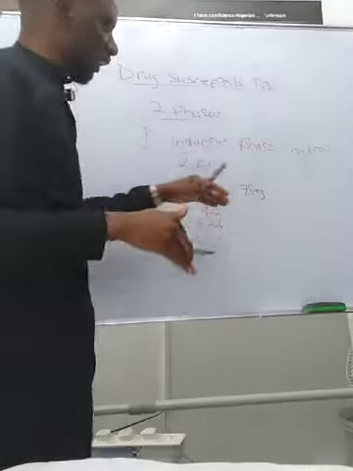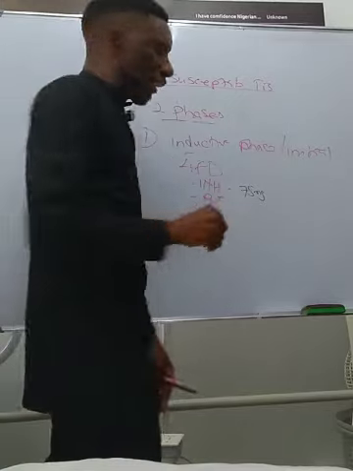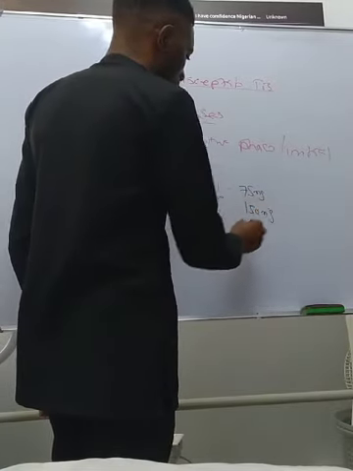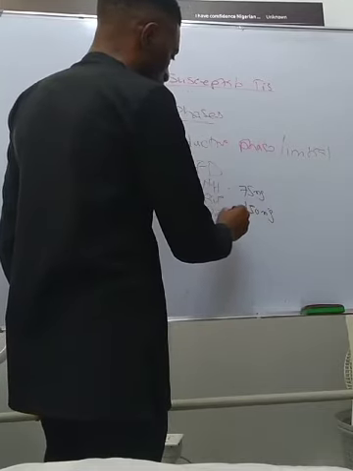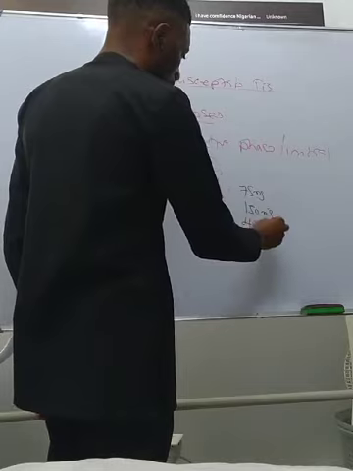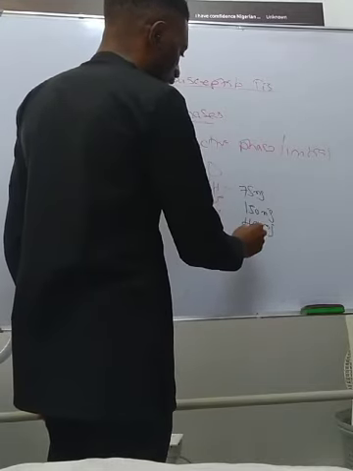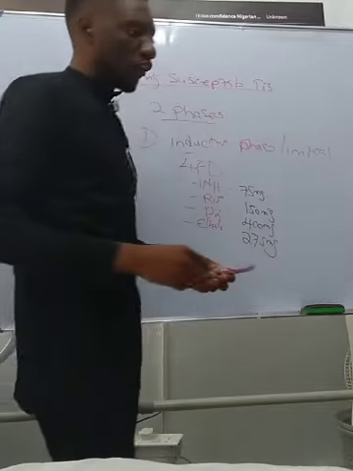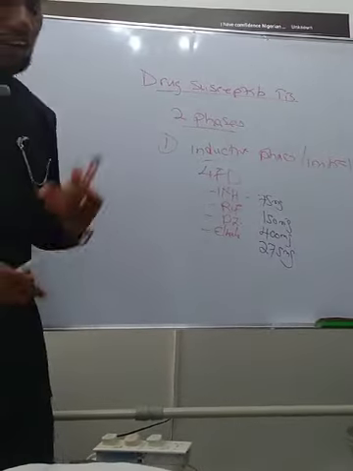The rifampicin is 150 milligrams, the pyrazinamide, PZ, comes in at 400 milligrams, and ethambutol comes in at 275 milligrams. So this is the composition strength of the drugs themselves.